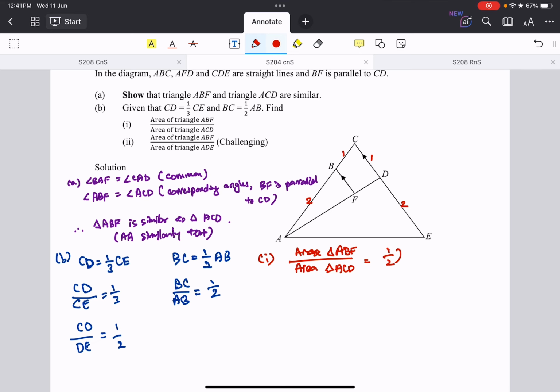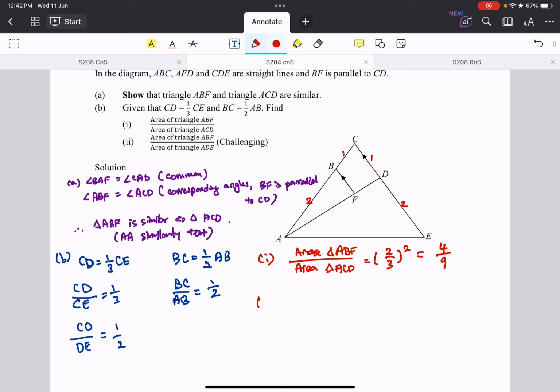They are similar triangles, so square, which gives us 1/4. Oops, rewind. Let's do it properly. Sorry, this one will be 2 units to 3 units, and they are similar, so I'll square it. This is 4/9.